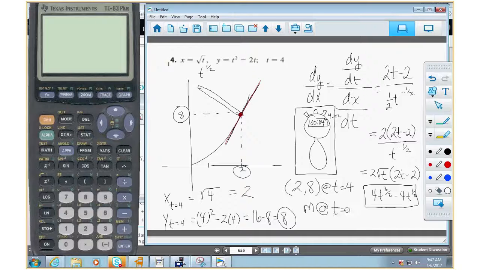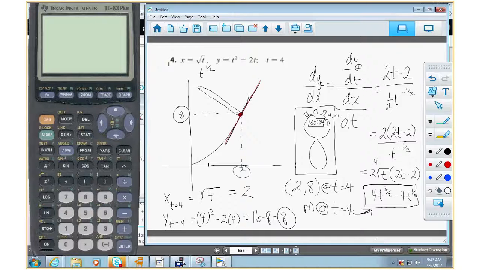So you take the 4, and you want to find m at t is equal to 4. So you plug it in right there. I think you should have left the radicals in there. Doesn't matter. You can plug it in here if you want to. So what's 2 times square root of 4? That's 2 times 2, which is 4.